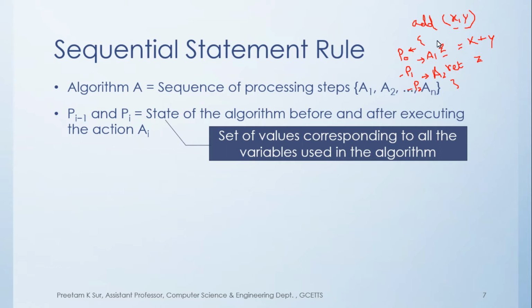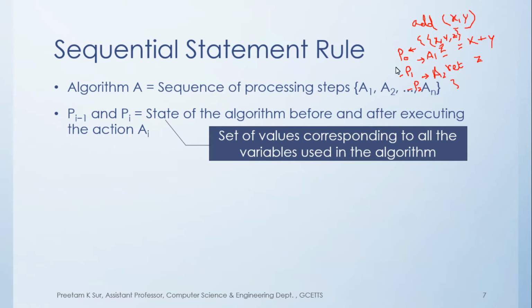Okay, so p0 will be denoted by the set of values of x, y, and z. Similarly, p1 will also be the set of values of the variables x, y, and z.